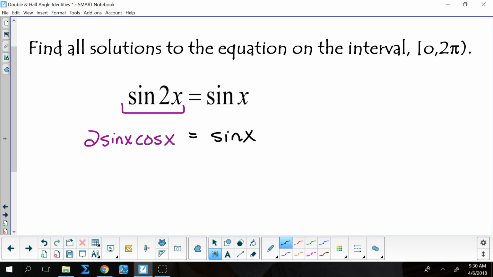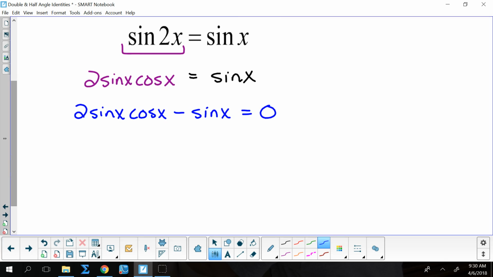And now I've got it where I'm in singleton angles all the way through. I'm going to subtract sine of x from both sides. Then I'm going to factor out a sine of x.